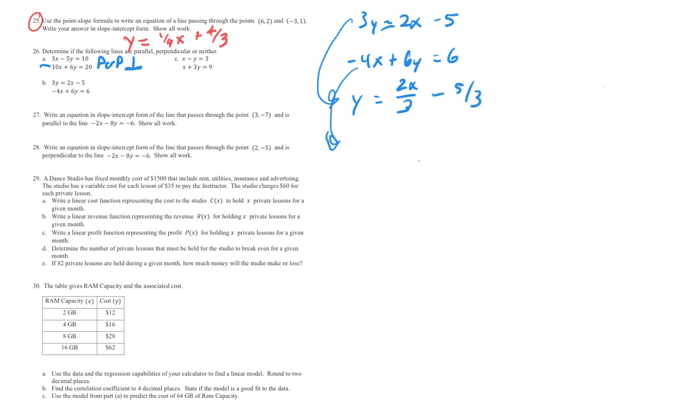And this one we'll add 4x to both sides. Then we'll divide by 6 and simplify, and we'll get 2/3 x plus 1. When we compare the two slopes, they're the exact same, so they are parallel.